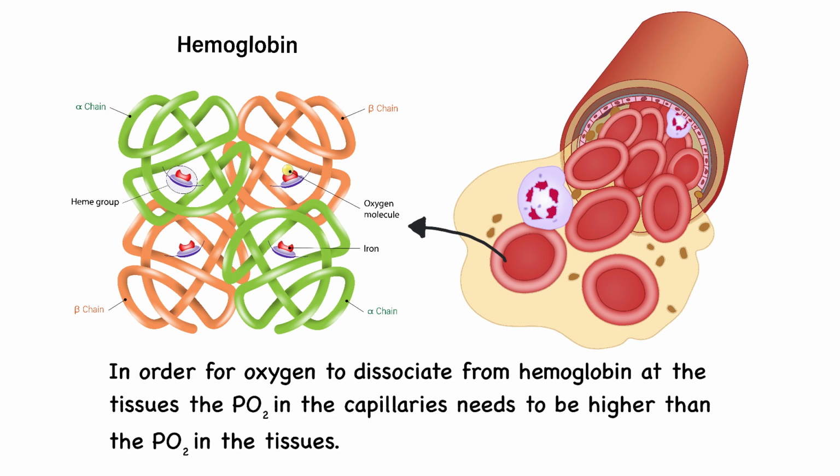Because the blood that is coming to the tissues is highly oxygenated, there is normally going to be more oxygen in the capillaries delivering blood to the tissues. Since the tissues have undergone things like cellular respiration, they're going to have less oxygen in the tissues themselves, and this can allow that oxygen to dissociate from the hemoglobin and then enter into the tissues.